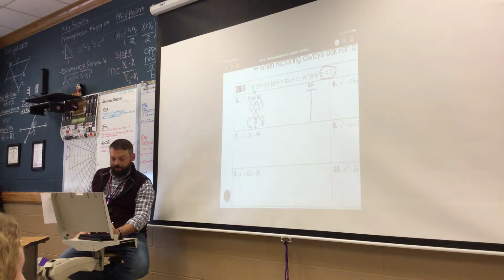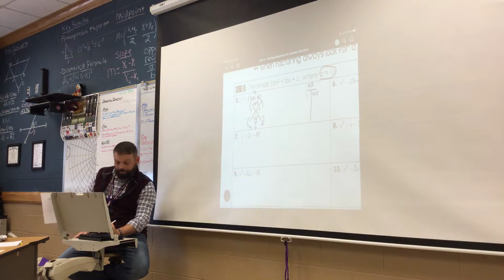So for 45, I'll start with 1 and 45 and just go down the list. What are some other numbers that multiply to give me 45? 9 and 5. Is there anything else in between? 15 and 3? Okay, can y'all think of anything else?